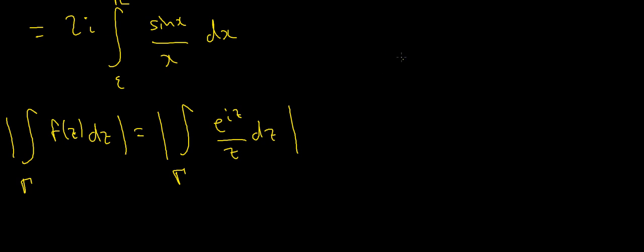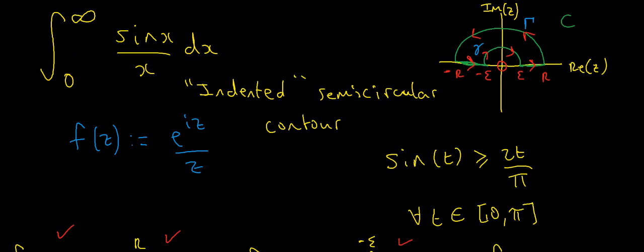And I'm actually going to use a substitution here. So I'm going to let z be equal to r e to the it, and since my arc, if I show you on the diagram, goes from positive r to negative r, then I'm going to want t to vary from 0 to pi. And if I do that, r e to the it will just trace out this semicircle for me.